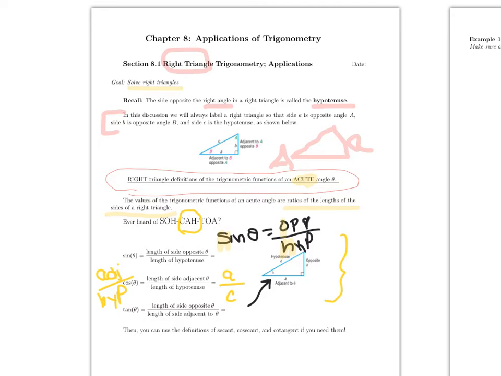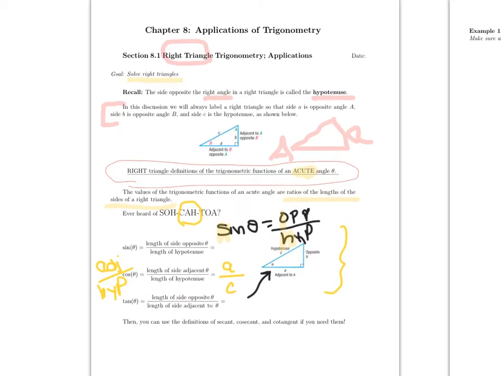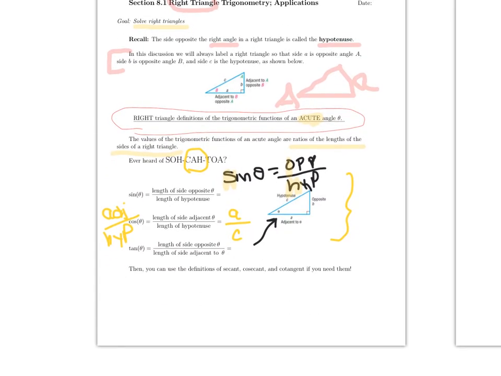And then the tangent of theta is the length of the side opposite theta over the length of the side adjacent to theta. So it's opposite over adjacent. Now, if you know those three things, then you can use the definitions of secant, cosecant, and cotangent that we already know.